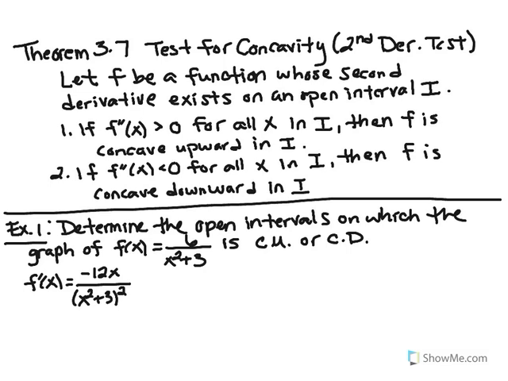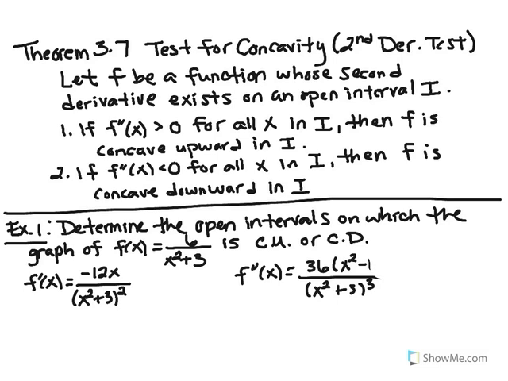So in order to get the second derivative, I take the derivative of this, and that will yield f double prime, as we say, to be 36 times x squared minus 1, all over x squared plus 3 cubed.